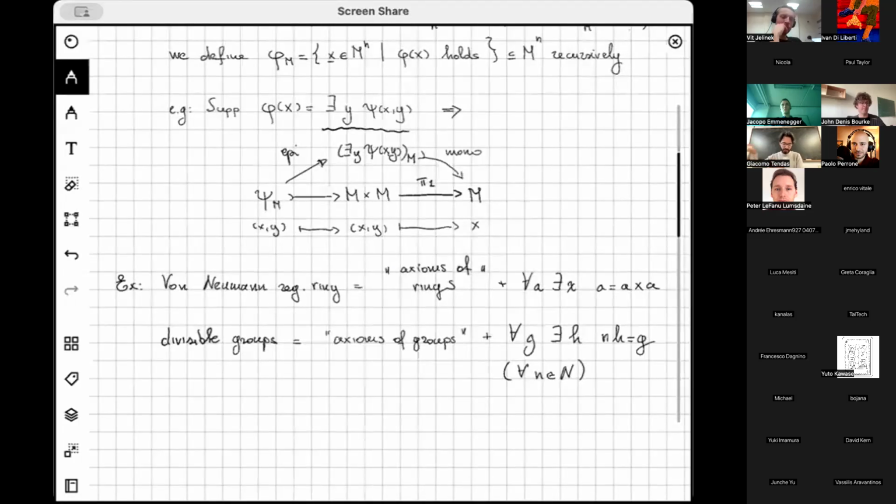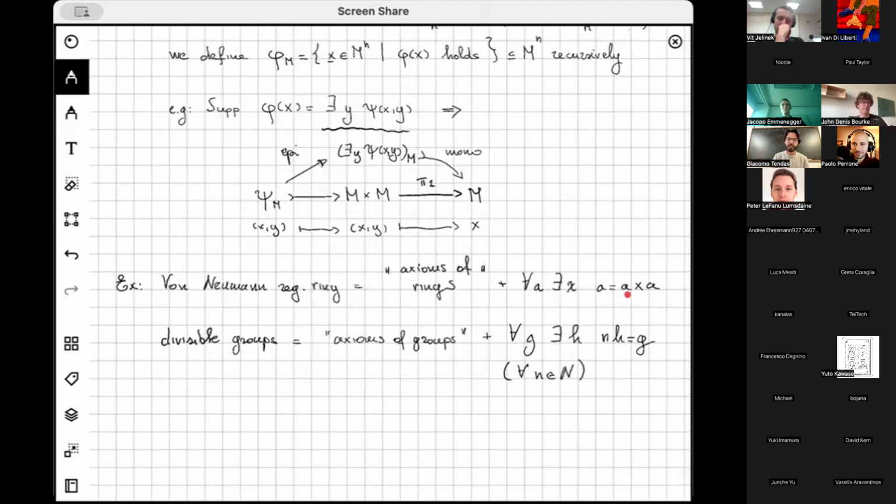very trivial examples of von Neumann regular rings, where you have the axiom of rings, which are just equations, so I didn't write it down. The regular part is saying that you have a certain pseudo inverse.